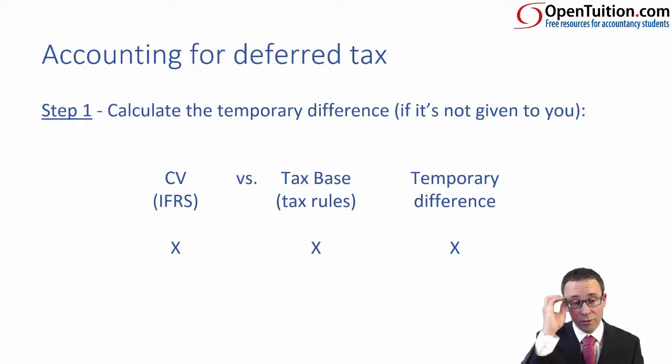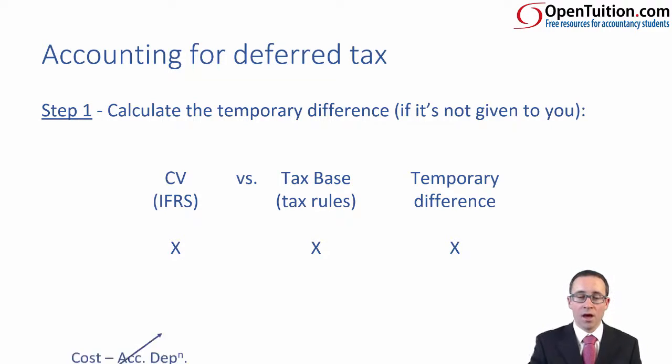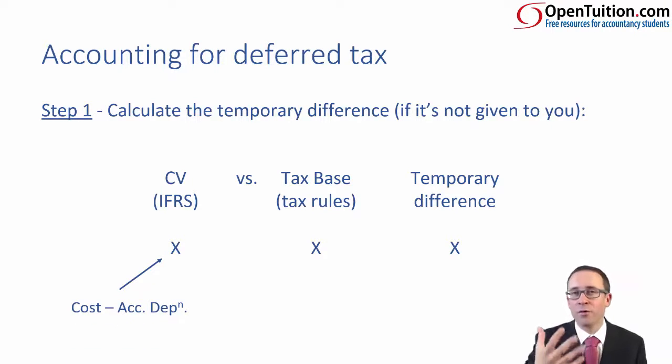The way that we look at the difference is we take the carrying value, which you look at under your accounting rules, so here IFRSs, and then you compare that to the tax base, which looks at the tax rules, and the difference between the two is your temporary difference. The carrying value, if we focus just on PPE, takes your cost less your accumulated depreciation, doesn't it?